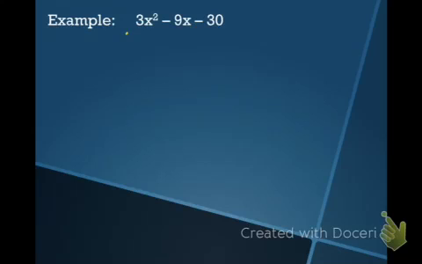So that means I'm going to factor out a 3. That gives me x squared minus 3x minus 10. From this point on, until we get to our final answer, we're going to ignore the GCF. We're only going to work on factoring what is inside those parentheses.